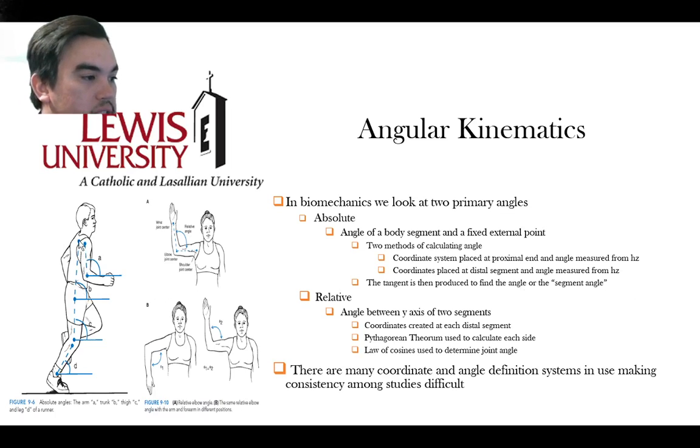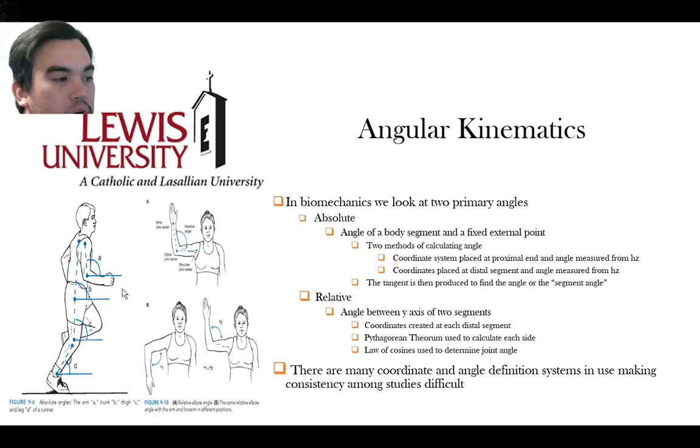They have their coordinates, and then they take the tangent with their arctan, and there it is. That's how they get the angle. It's typically an addition and subtraction of the two coordinates. And then you have the relative angle.